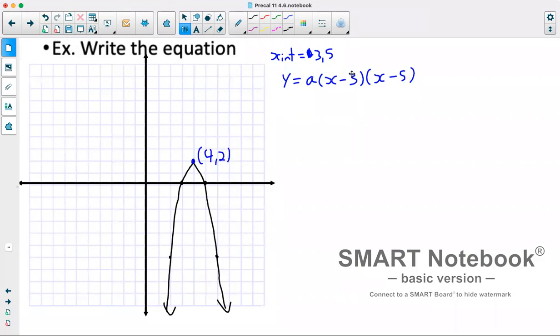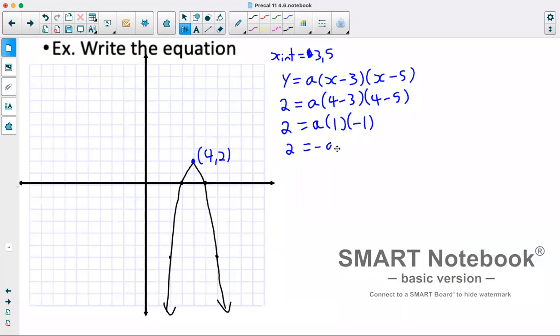I'll substitute that in for x and y to help me solve for the a value. So I have 2 is equal to a times 1 times -1. So I have 2 equals negative a, so -2 is equal to a.